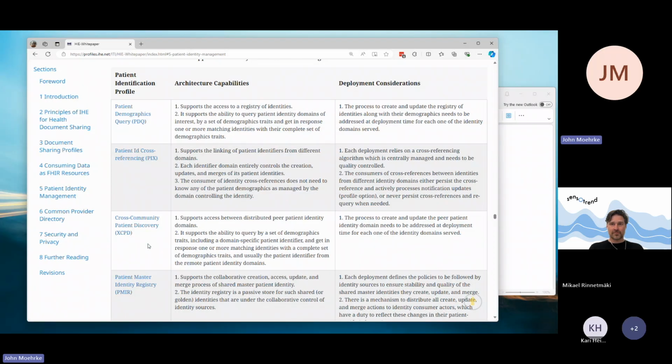So many people have a social media identifier that they want to stand in for their positive identifier. You could put that into the patient.identifier, and if somebody ever queries on that as an identifier, they'll get a positive match.